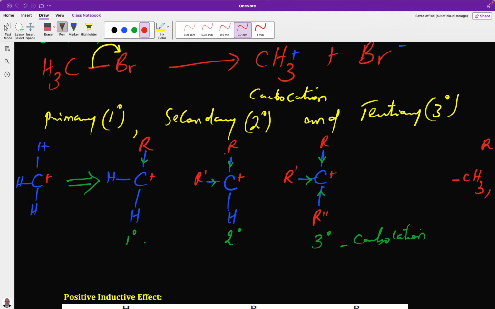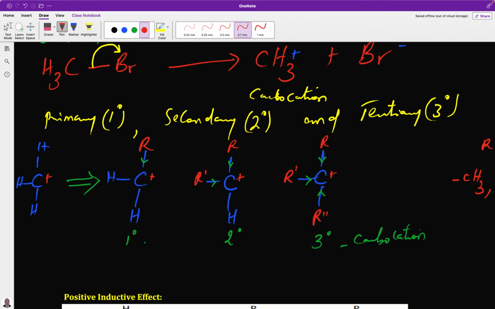So as they are donating electrons here, remember the positively charged carbon atom, there is a high density of positive charge in this region. The density of positive charge on the carbon is high.